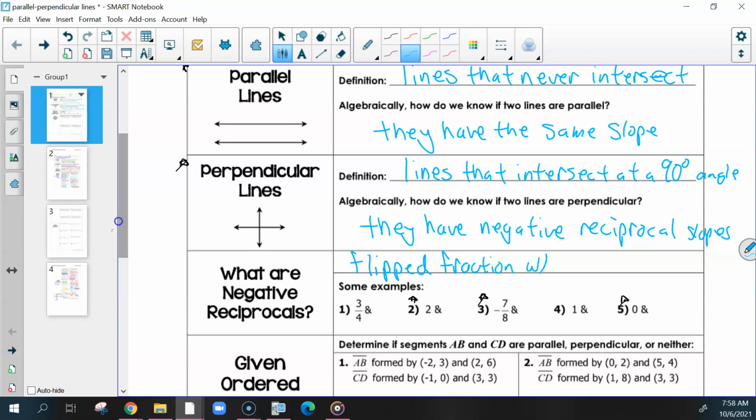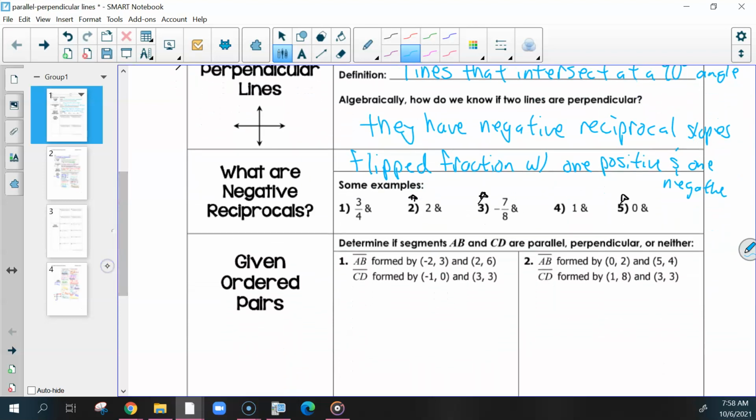There's one positive and one negative. Sign is switched.